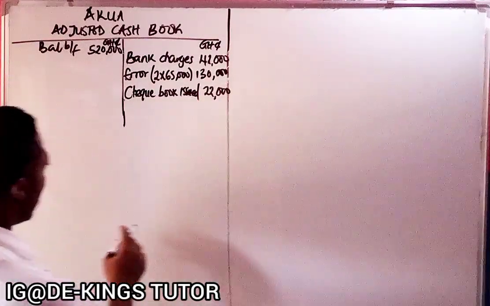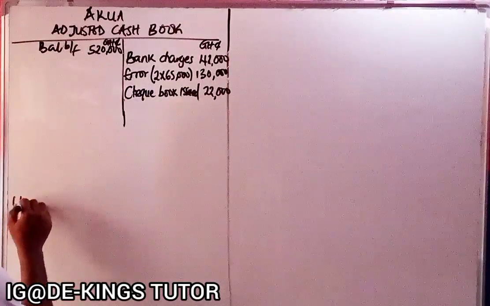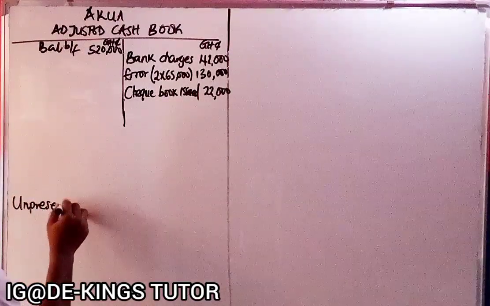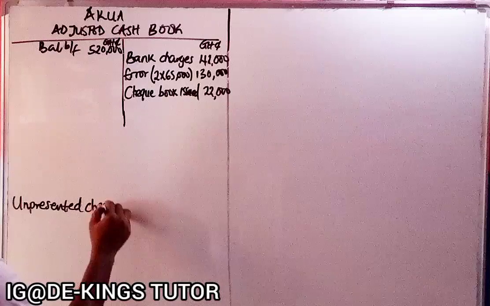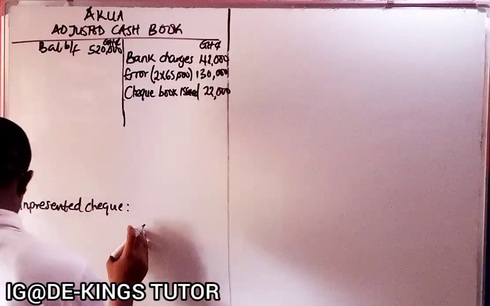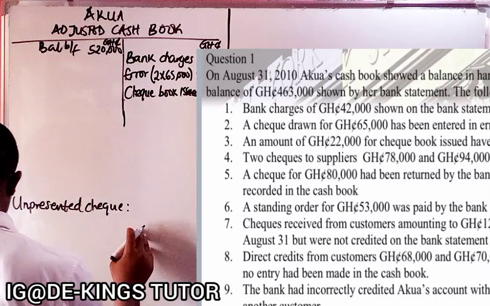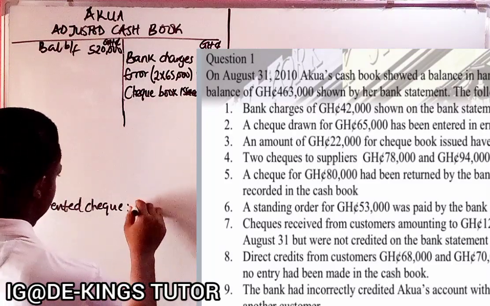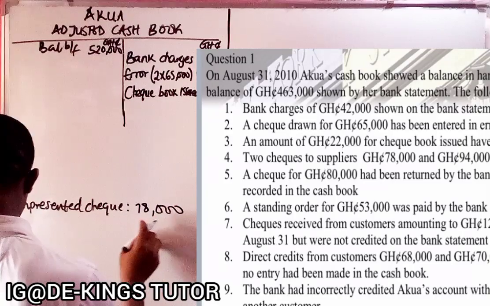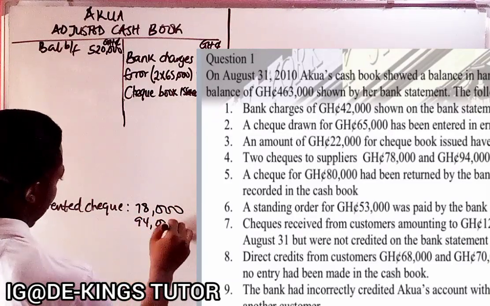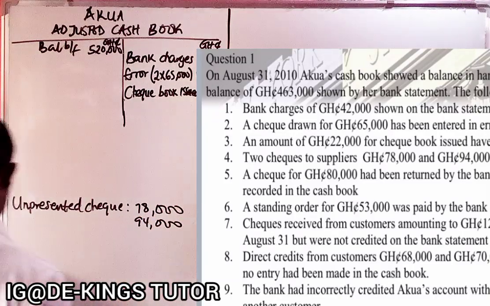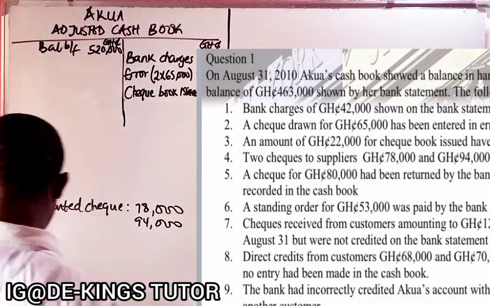We're just going to indicate it there so that I don't forget. So the unpresented checks: the first one is 78,000, while the second one is 94,000. Let's just point that out first.